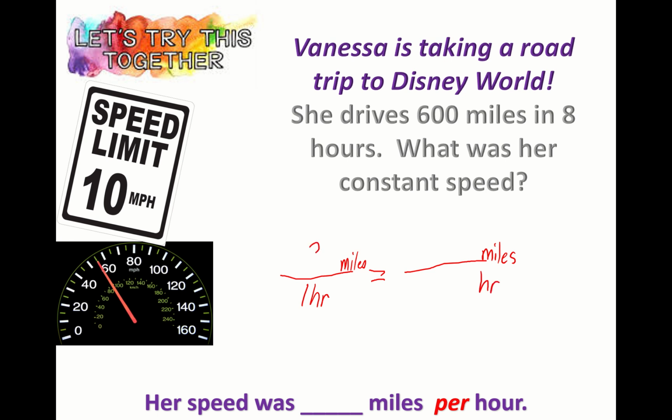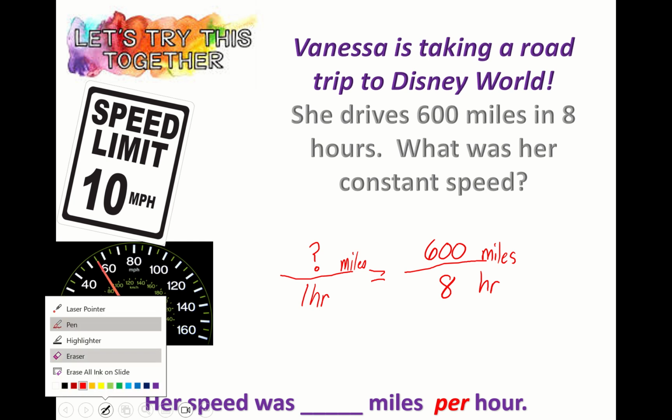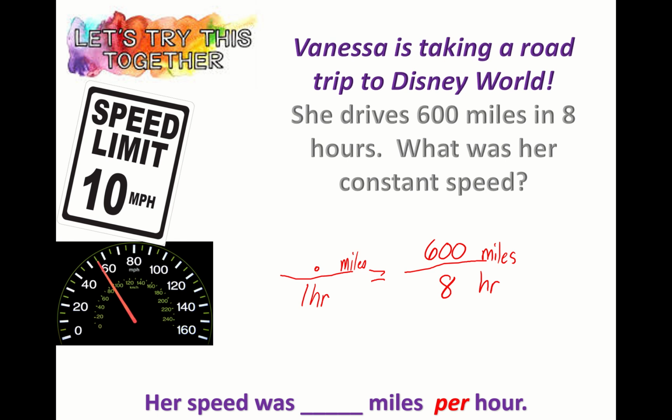So I don't know how many miles she drove in 1 hour, right? But according to the problem, I know that she drove 600 miles in 8 hours. So I have a question mark here, but you guys know how to use variables now, don't you? So I am going to erase my question mark because we're not little kids anymore.